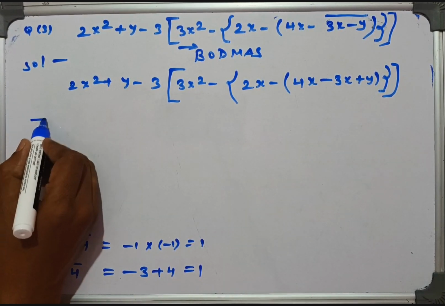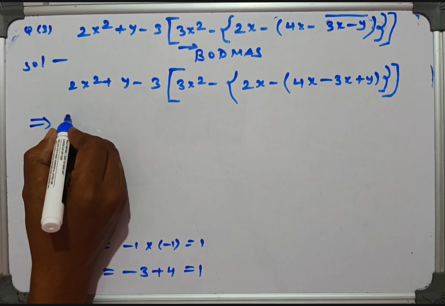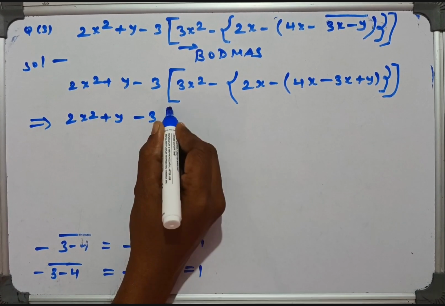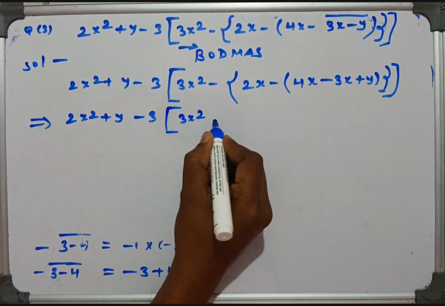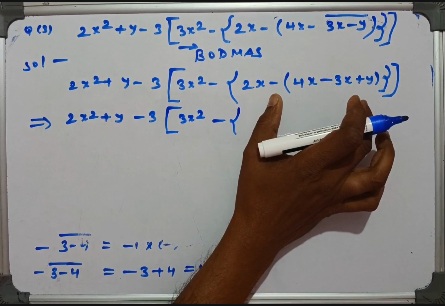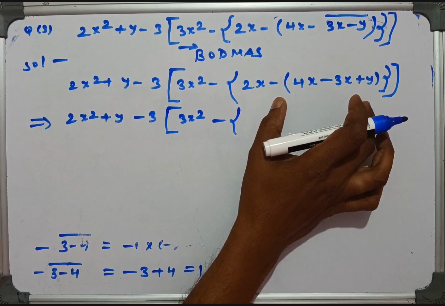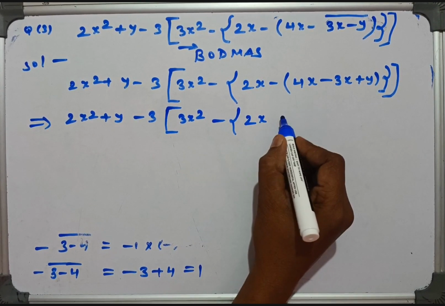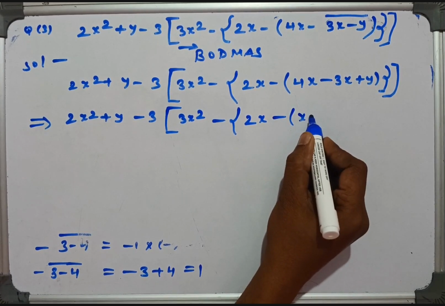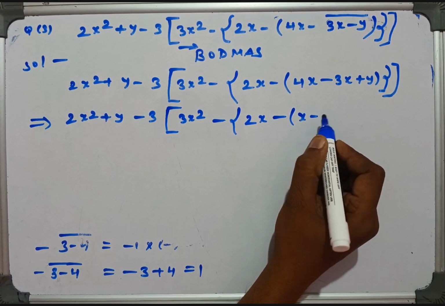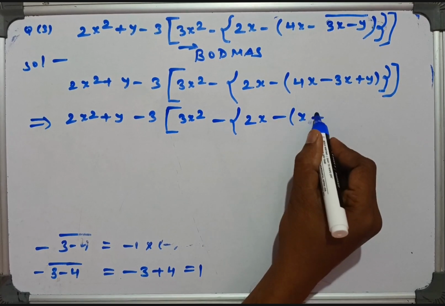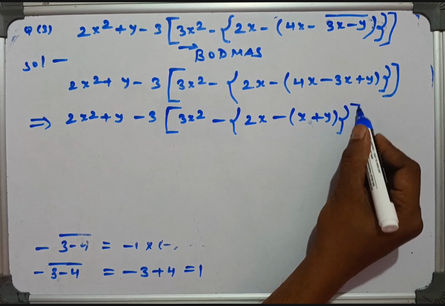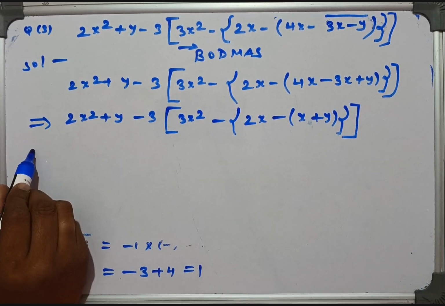Now next we write 2x square plus y minus 3, here 3x square. Now solve the small bracket 2x, so this becomes minus x minus x plus y, guys, okay. Now close the curly bracket, then square bracket, okay guys.